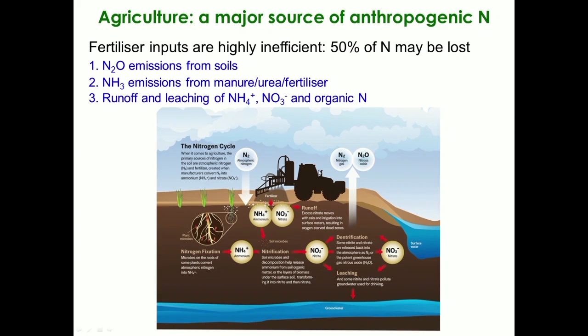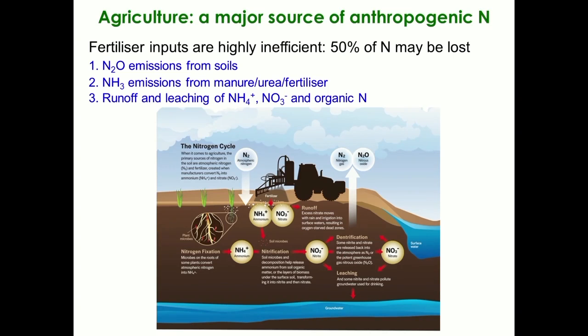In addition, there's also bacteria in the soil that can perform a denitrification reaction. So this nitrite or nitrate can be converted into either nitrogen gas or nitrous oxide that can be emitted into the atmosphere. And this is quite a substantial loss of nitrogen as well.